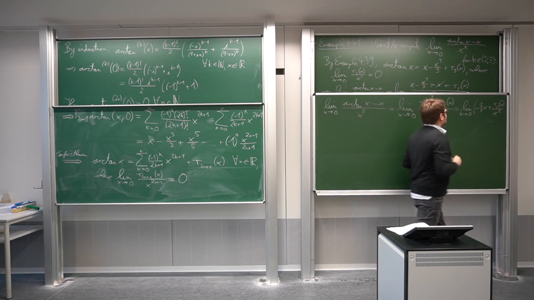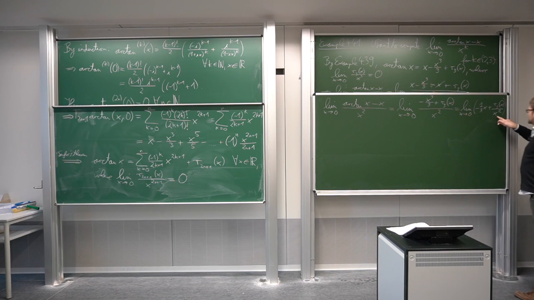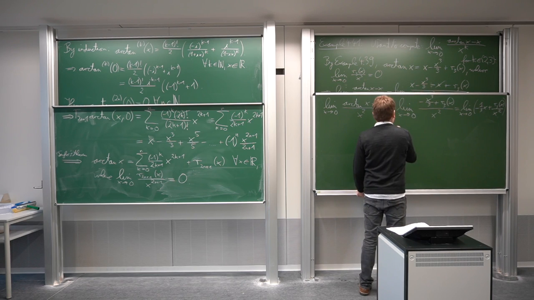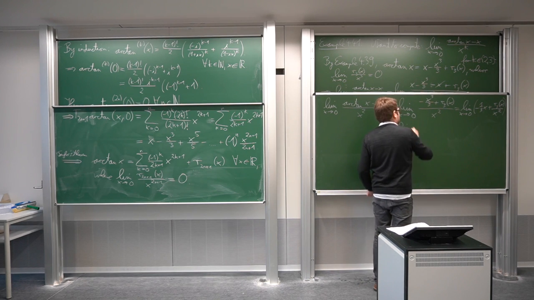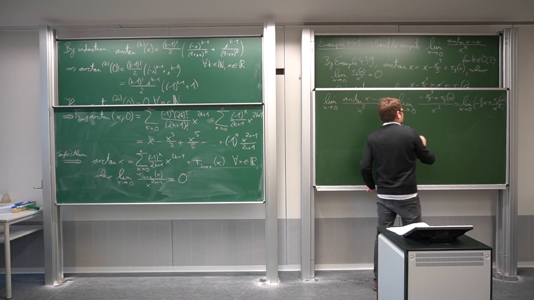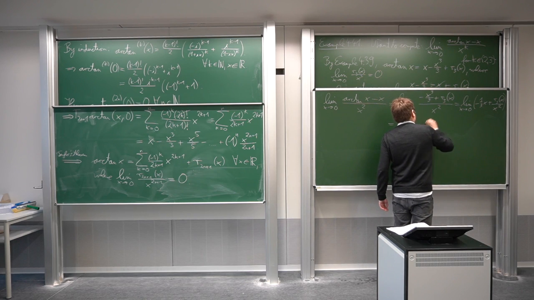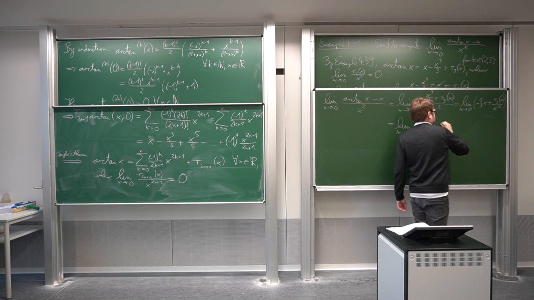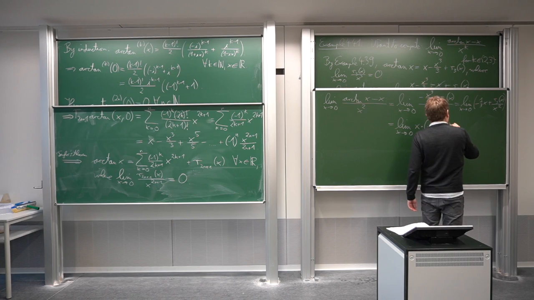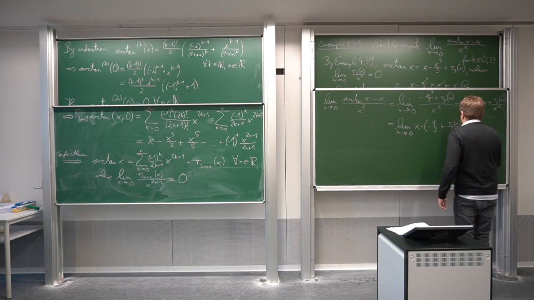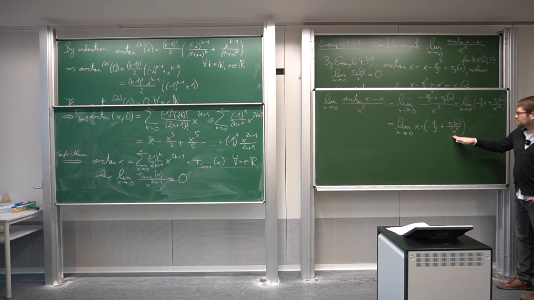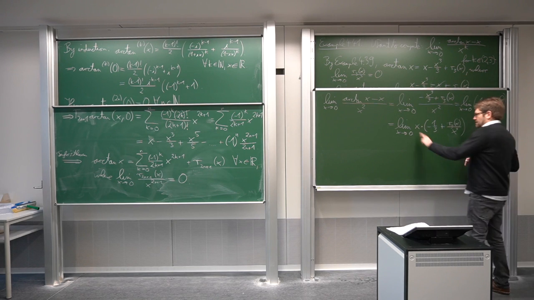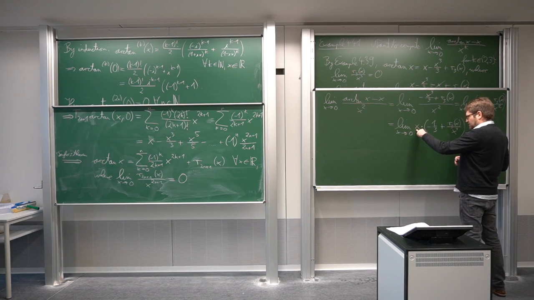And we don't know what this is a priori, but we can just artificially factor out a copy of x. Namely, this is then the same as the limit, if we pull just x out of the sum, x going to 0, x times minus 1/3 plus r3 of x over x to the 3. And now we know again this goes to 0. So what we get is that this expression here goes to 0, obviously.